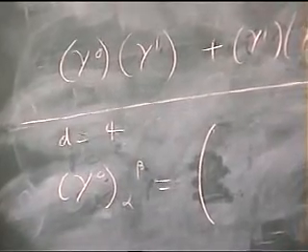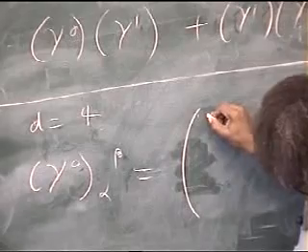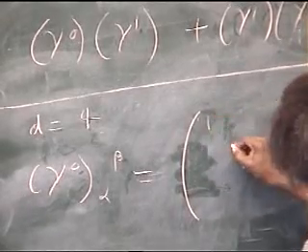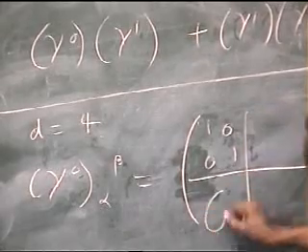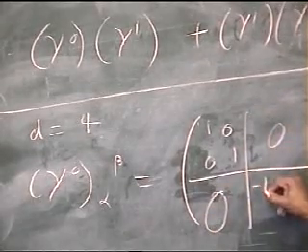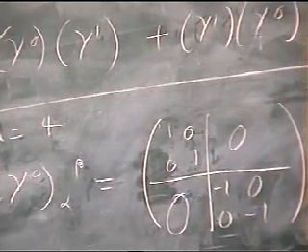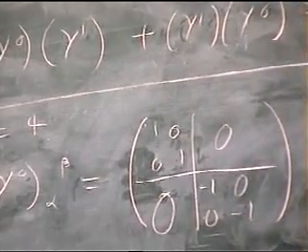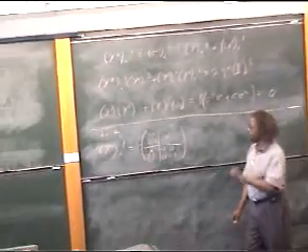Let me pick it to be equal to 1, 1, 0, 0, zeros here, minus 1, 0, 0, and minus 1. The square of that matrix is the identity. It's hopefully pretty easy to see.